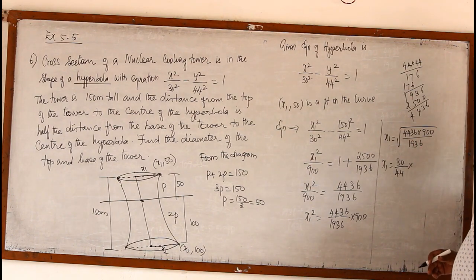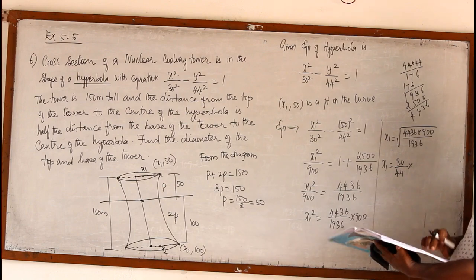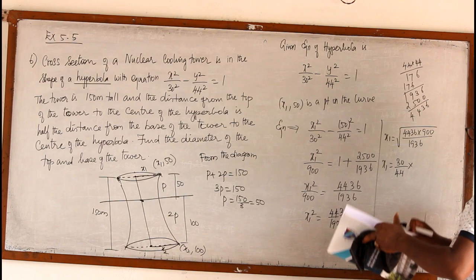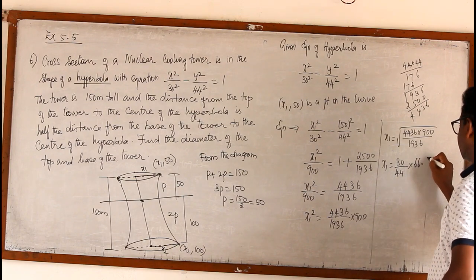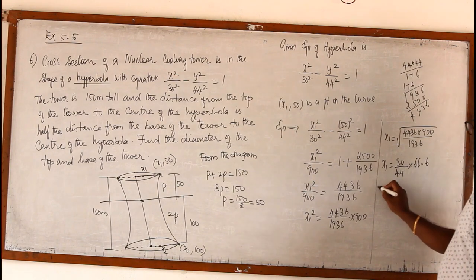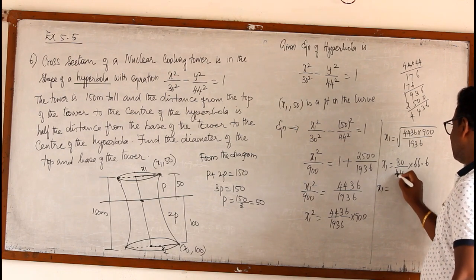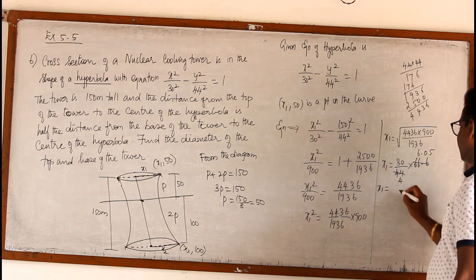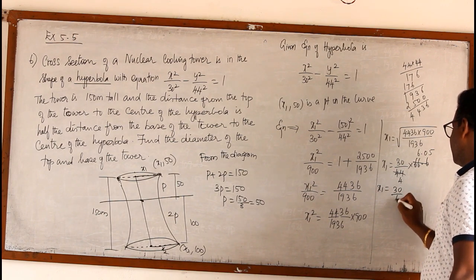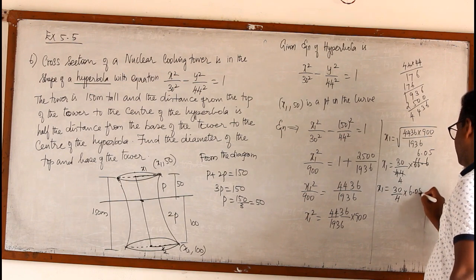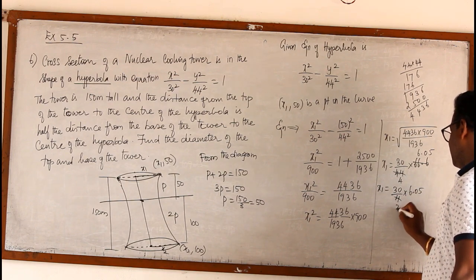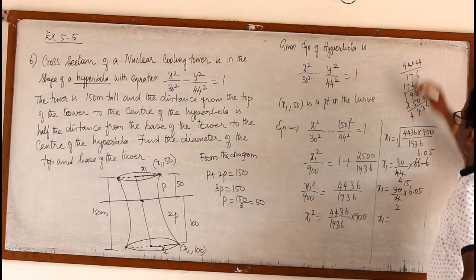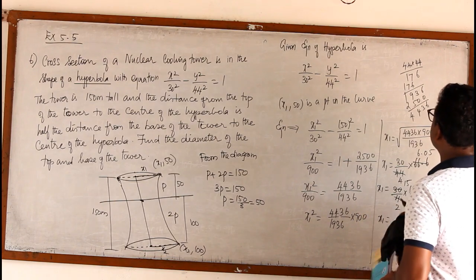When you go for finding the square root value by division method, it is about 66.6. 4436 only. So if I divide by 11, this is 4 times, this is 6 times, so 30 by 4 into 6.05. Again if I divide by 2, this is 2 and this is 15. So x1 is, we shall multiply with 15.